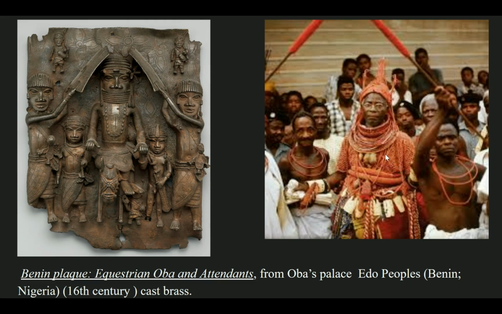And so this orange coral that we see here that's valued was given to them by the Portuguese during this period of trade. And so we see the depiction of a headdress as well as the necklaces on the wall plaque, as well as the attendants surrounding him with, in this case, either shields or fans above him, helping to protect him.